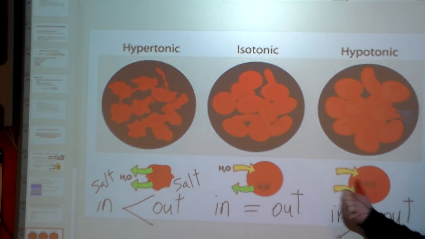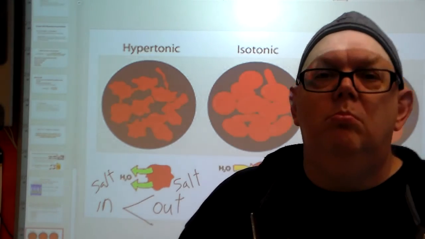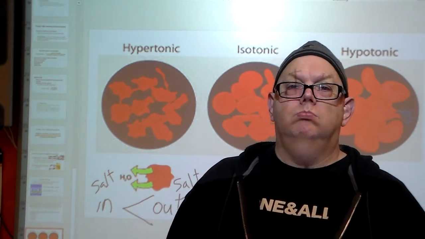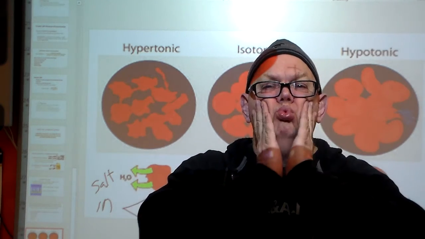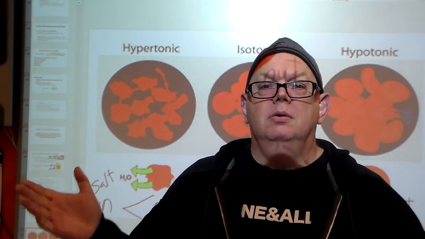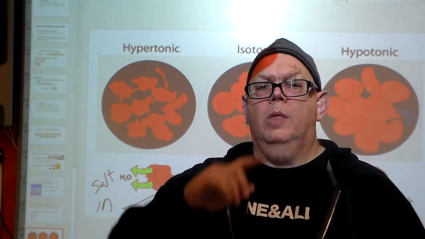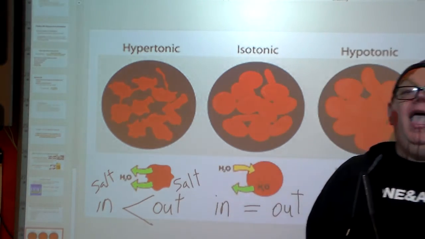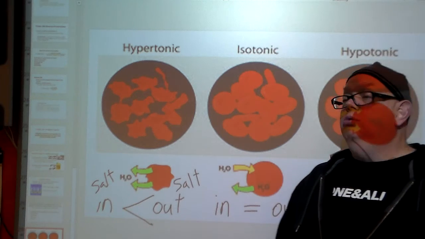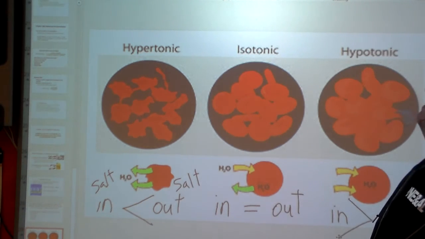Well, water's going to be coming through, and then pretty soon it bursts open. I'll demonstrate. The red blood cell pops, and now that's dead. It's no longer usable anymore for us.